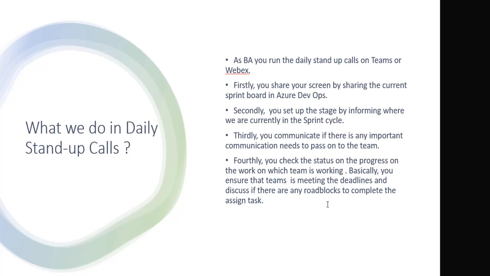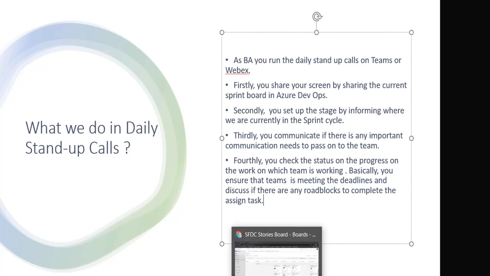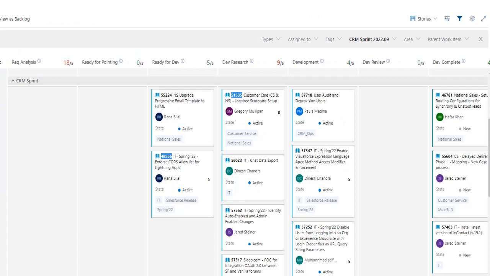So let me give you a small demo of the sprint board in Azure DevOps and the different stages through which a user story moves from one stage to another. Here is the example of one of my sprints, and you can see that it is filtered by sprint 9, and here are the stories that have been considered in that particular sprint.